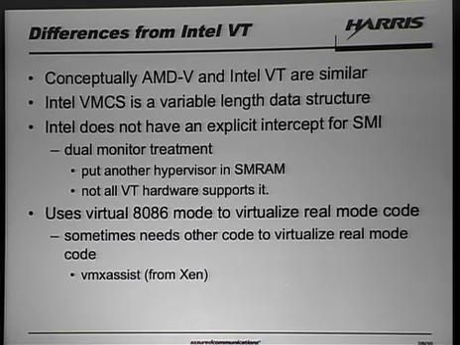The thing is, not all VT hardware supports it, so it's like the second or third sentence in the section. I have to look more at how that works and the interplay between that. The other thing that's kind of important is that Intel's VT uses virtual 8086 mode to virtualize real mode code, and sometimes you need other code to virtualize real mode code. This is where you get things like VMX assist from Xen in order to boot operating systems and whatnot.